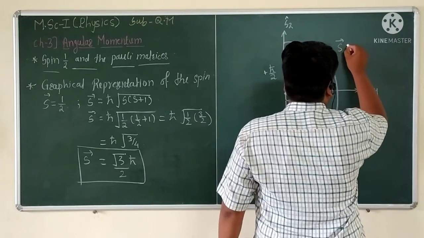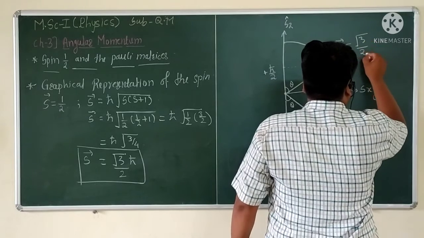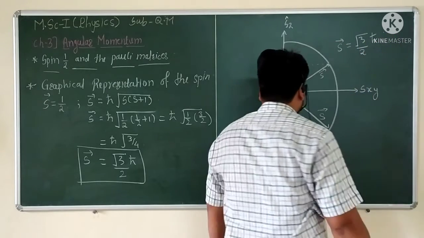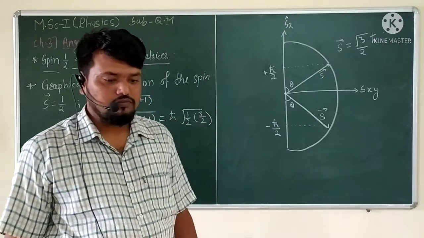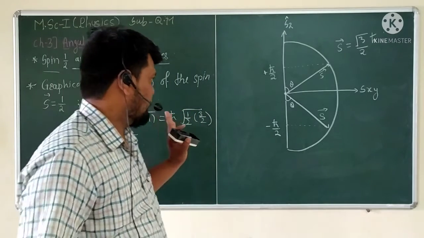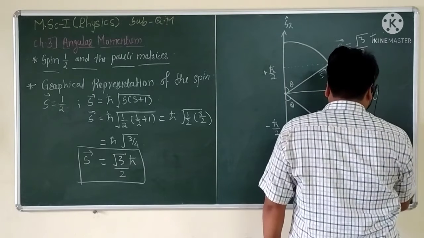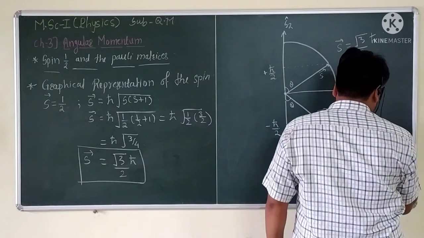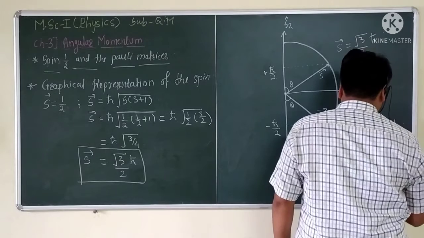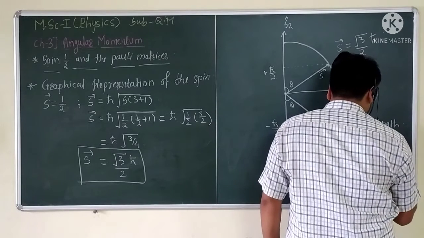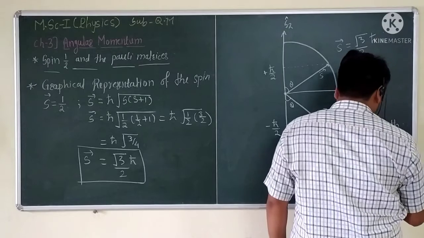The magnitude of the spin vector, the vector length, is given by S bar equal to under root of 3 divided by 2 of h cross.